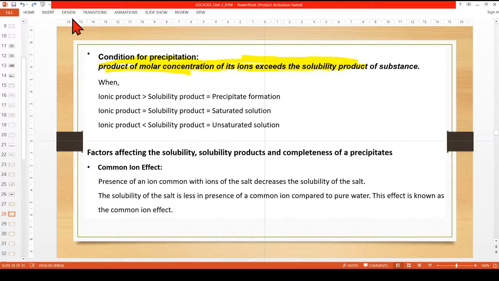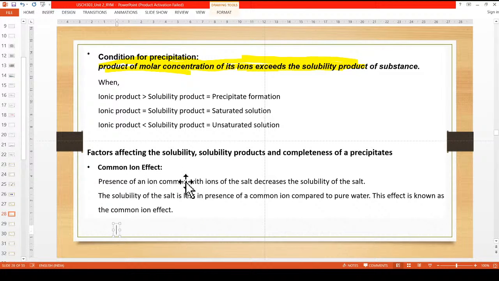Common ion effect. Okay, so just remember the sentence: common ion facilitates precipitation and decreases solubility. I will write here.